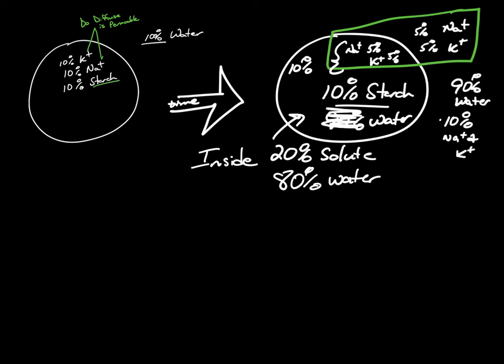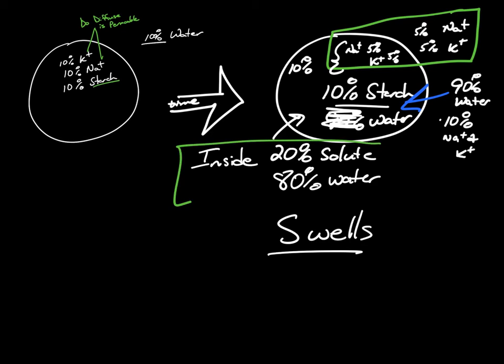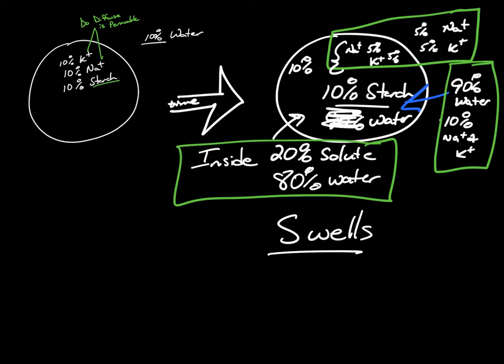So still we get this movement from 90 to 80. Still we get water increasing the volume of the cell, so the cell swells. And the reason it swells is that you have inside 20% solute, 80% water, and outside you have 90% water and 10% solute.